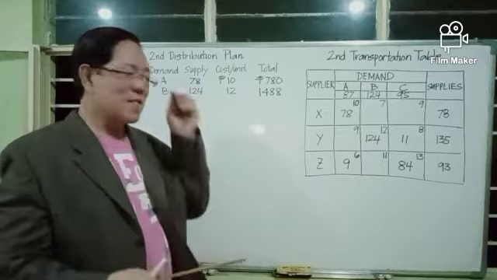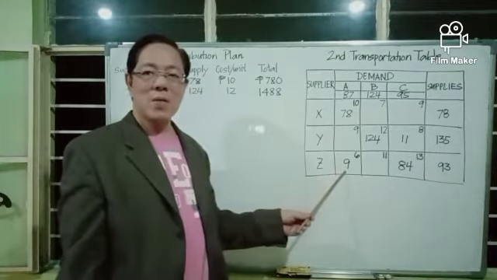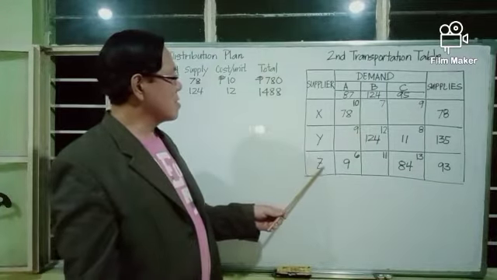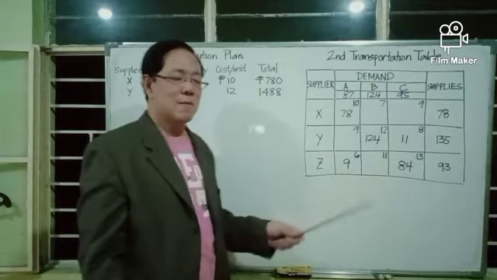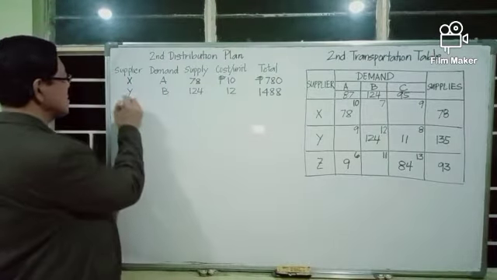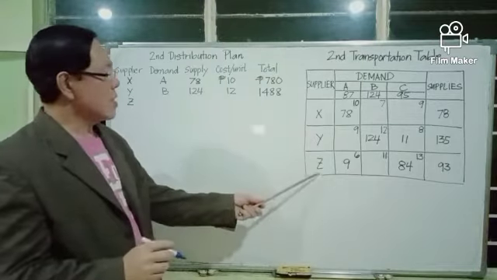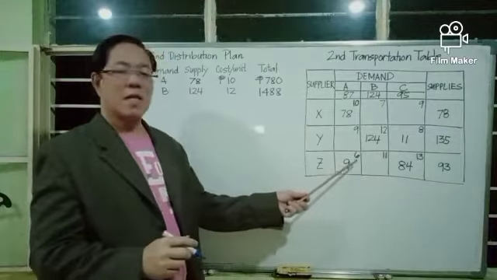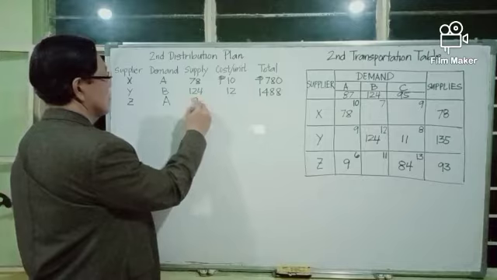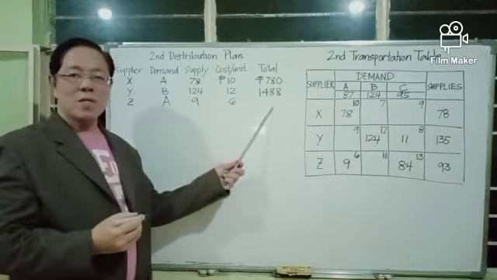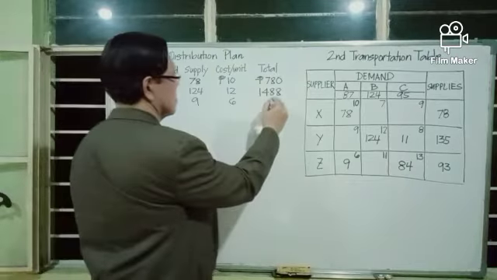The next occupied cell is this cell. We have 9 units from supplier Z to customer A. We supply 9 units, Z to customer A, 9 units at 6 pesos per unit. For the total cost of 9 multiplied by 6 is 54 pesos.